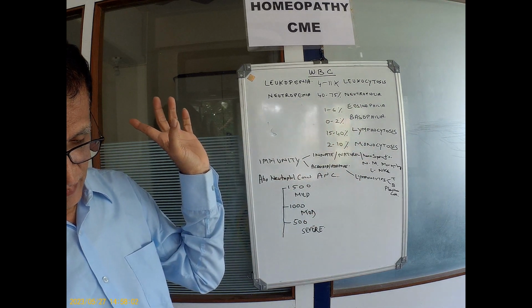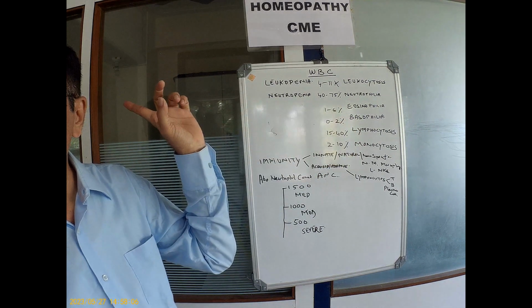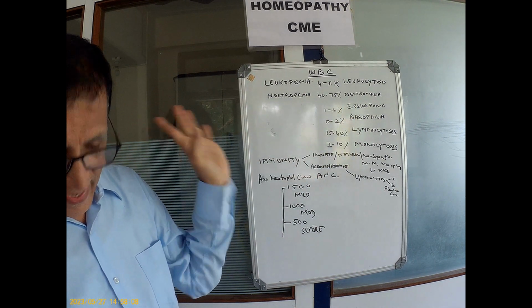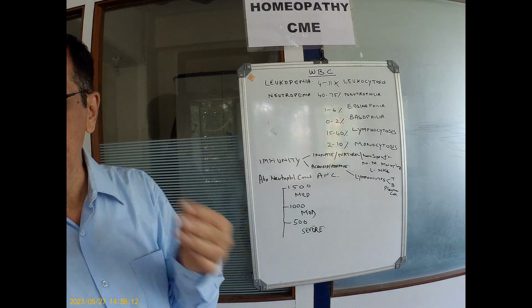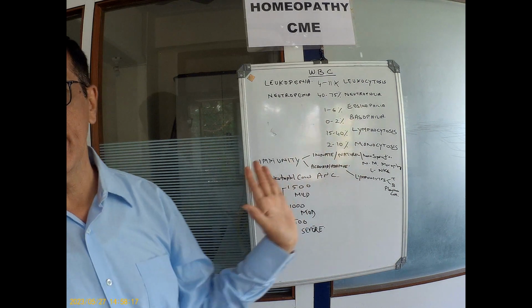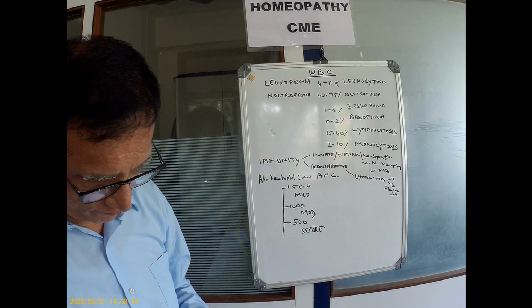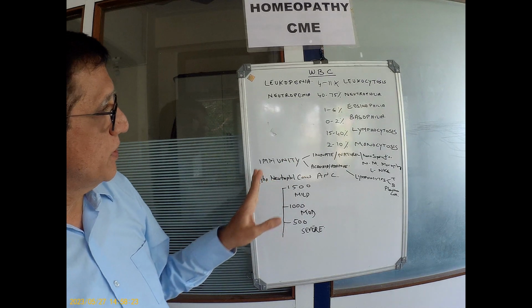Allergic, both eosinophils and basophils. And parasites, eosinophils. Okay. So I have given you a classification both ways, either cell type or diagnosis wise which cell will go up. Okay. Now we come to this.